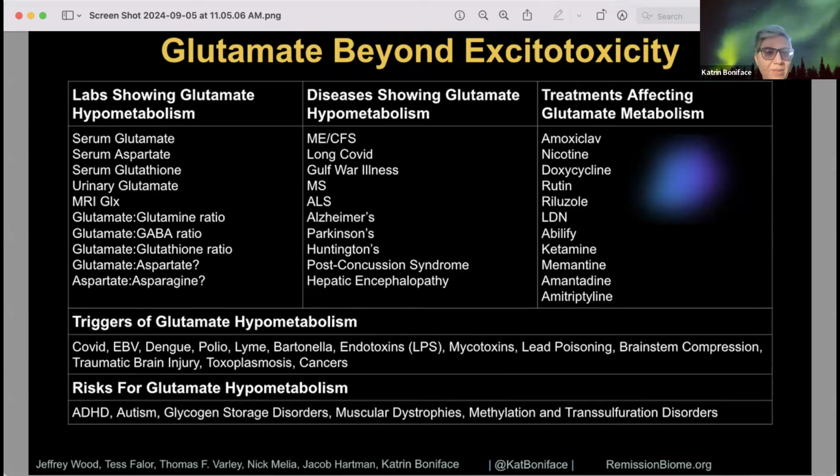What we don't have is a statistical increase in OCD or epilepsy, both of which involve glutamate. But both of those specifically involve errors of glutamate signaling. So they are more related to the excitotoxicity model, and they tend to have much less to do with the hypometabolism model.